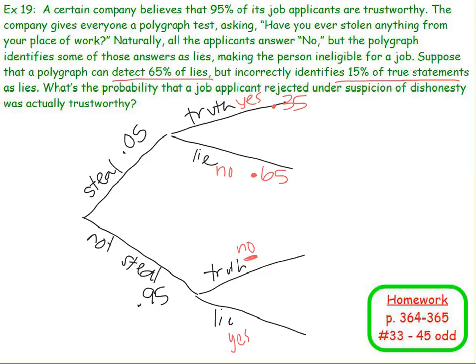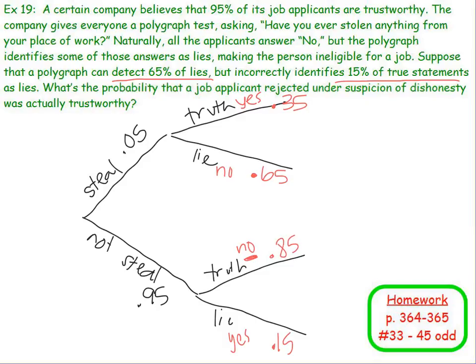So if you did not steal, then saying no is telling the truth. But they sometimes misidentified truths as lies. So that means that the 15% is you did not steal, you said no, which was true, but it misidentified that true as a lie. Hopefully that makes sense. And then that means that 100 minus 15, 0.85 of the time, you actually did tell the truth.